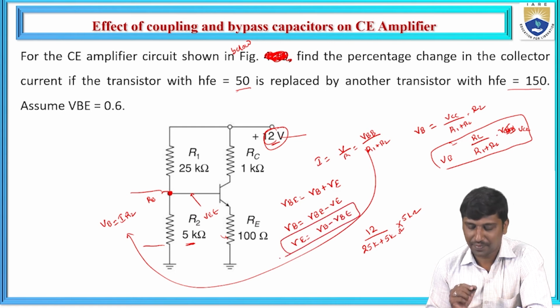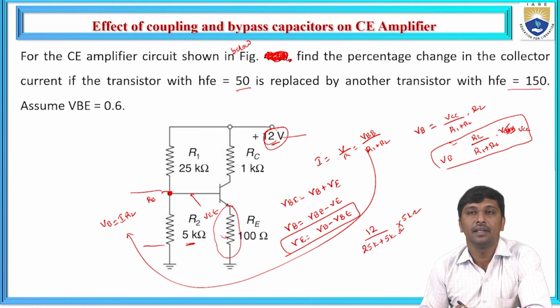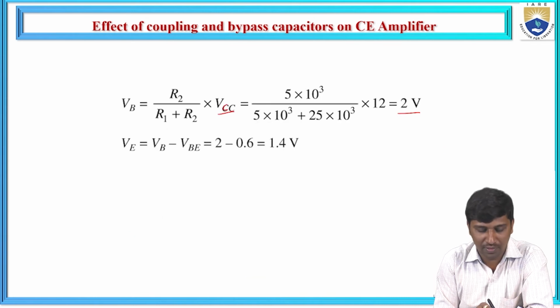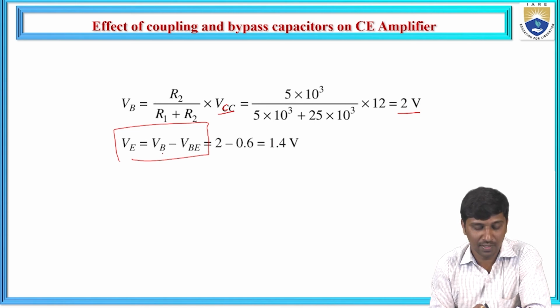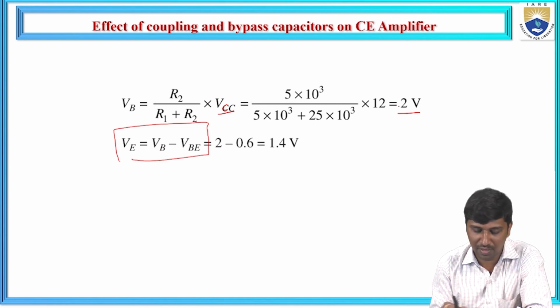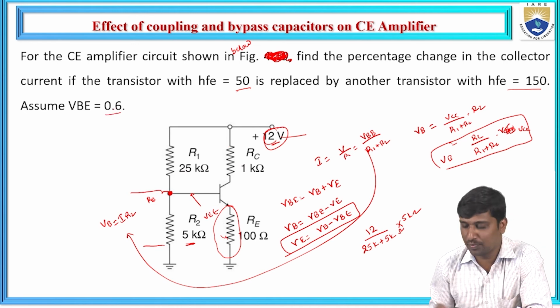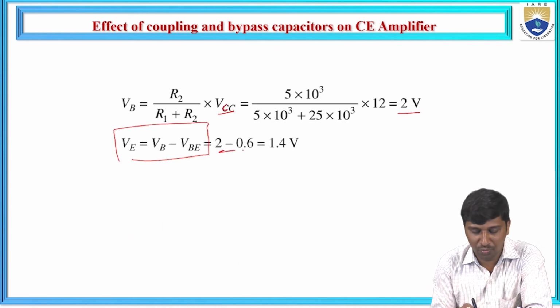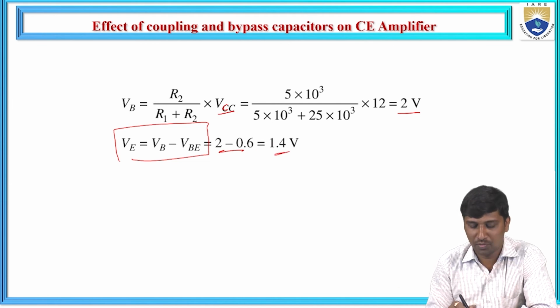Here we are going to find how much voltage drop is generated across the emitter resistance. VB we observe is 2 volts, and in the problem statement they gave VBE as 0.6. Hence 2 minus 0.6 is equal to 1.4 volts.